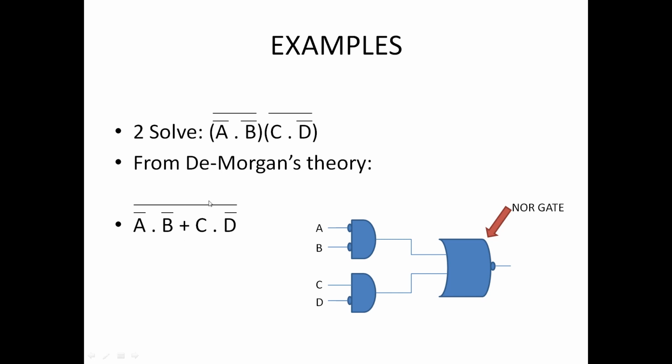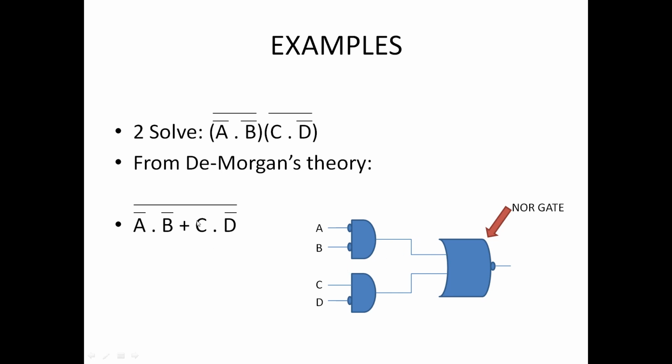So, implementing this final answer schematically, we have not A, that is this, not B, we have this, entering into an AND gate, multiplication sign in between A and B. Then we have the OR sign, that means what comes out of A and B will go into an OR gate.